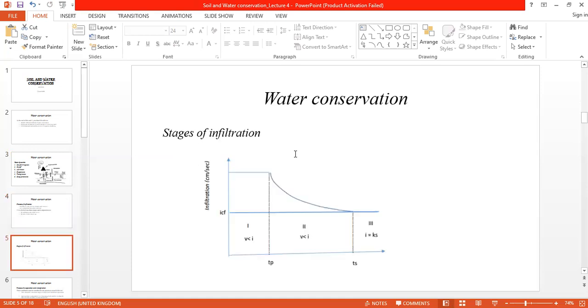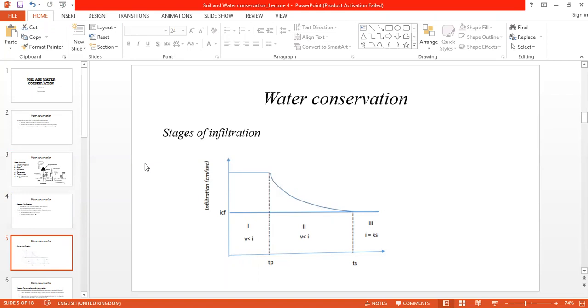So if we look at this diagram here, a soil will have what we call the infiltration capacity. That's the highest infiltration rate a soil can have.